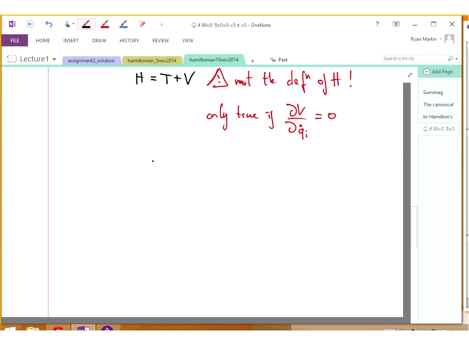So let's look at the canonical equations from Hamilton's principle. So Hamilton's principle is the principle that underlies all of mechanics.